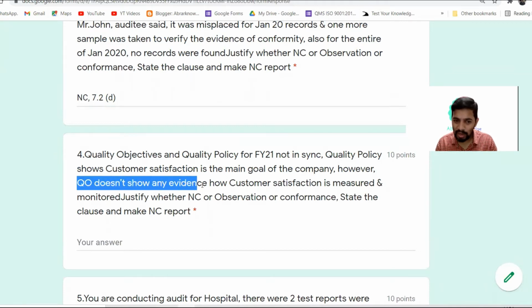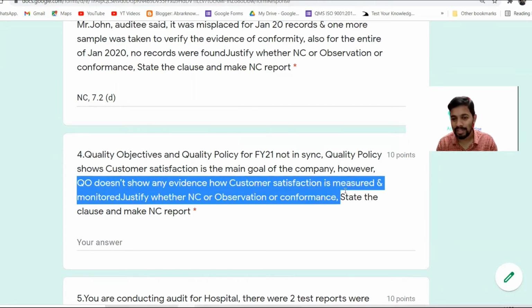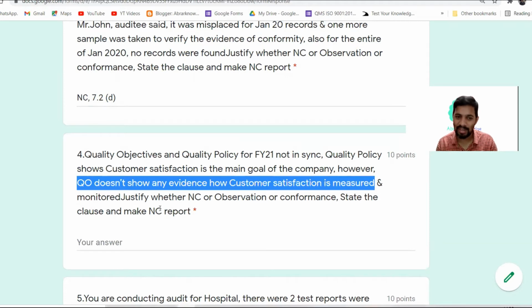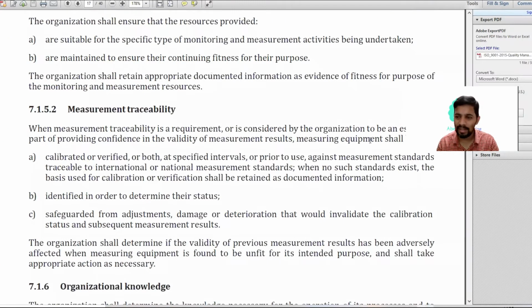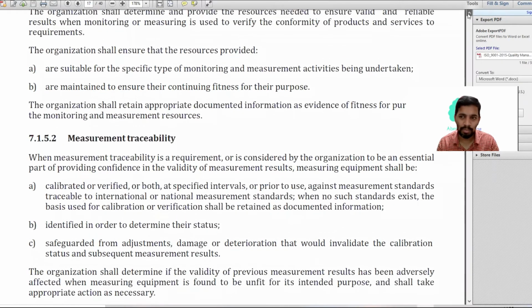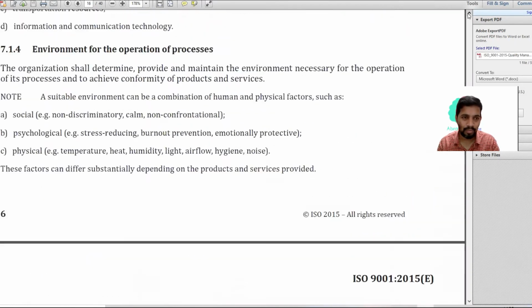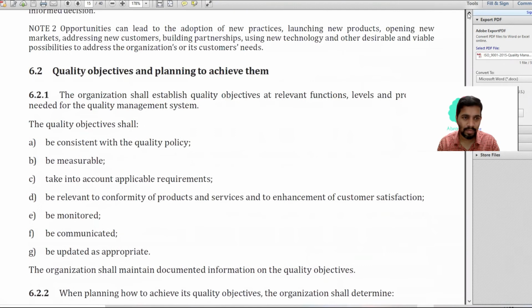The quality objective does not show any evidence on how the customer satisfaction is measured and monitored. So the quality objective class is 6.2. Let's go to 6.2 and see what it says. Quality objectives and planning to achieve them.